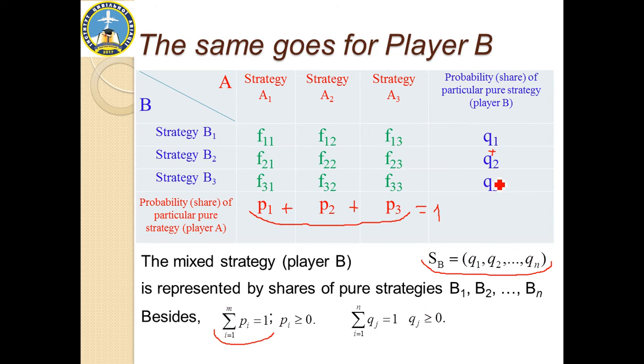We add them up and they equal unit. Otherwise these shares don't make any sense. So that's a condition we need to put upon these shares of strategies played by player A and player B.